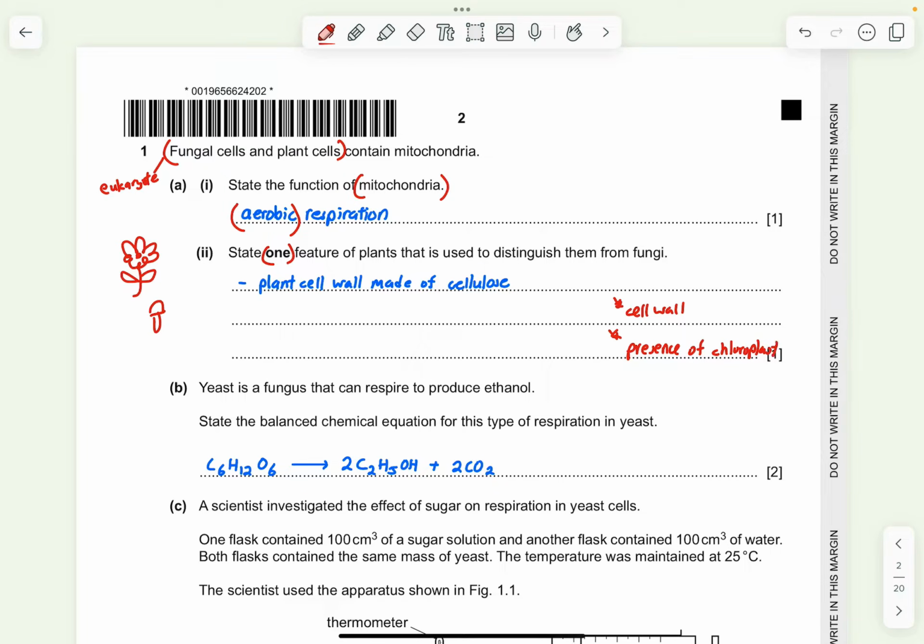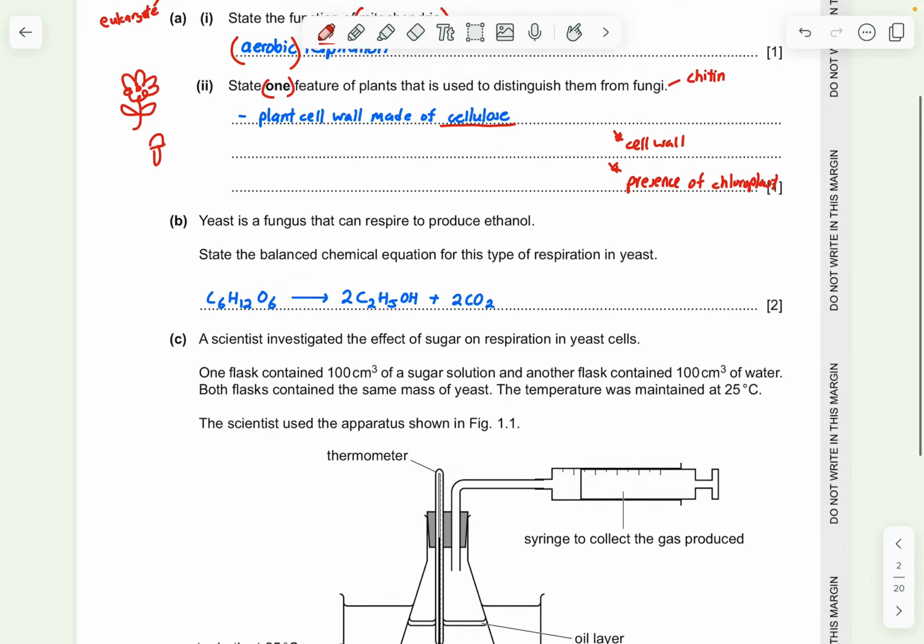For this case, I've mentioned that the plant cell wall is made of cellulose, and the fungus is made out of chitin. Okay, chitin. And another feature that I mentioned was the presence of the chloroplast. So there's only chloroplast in the plant, but no chloroplast in the fungus. So that's pretty much it.